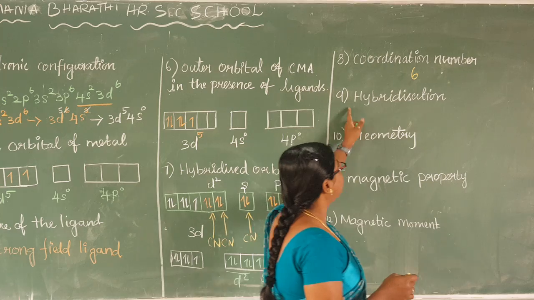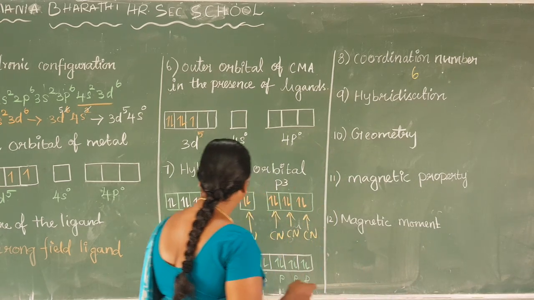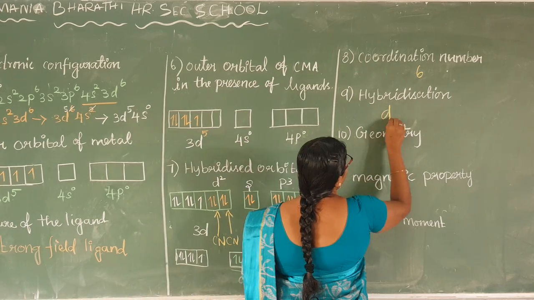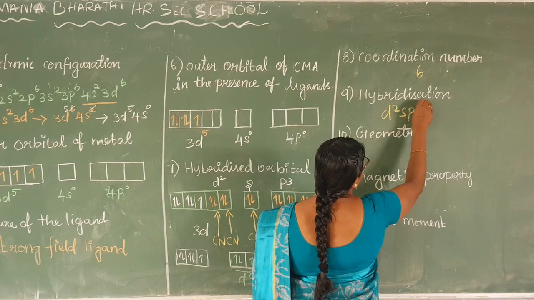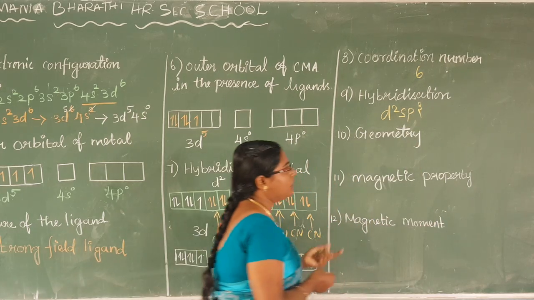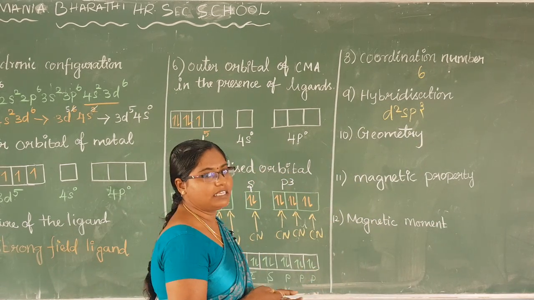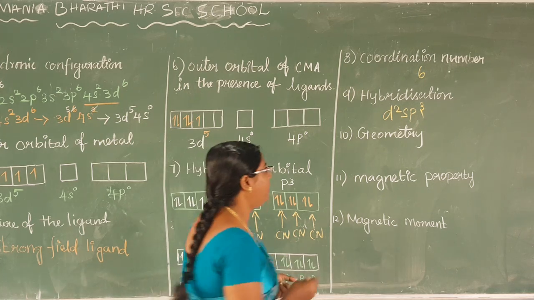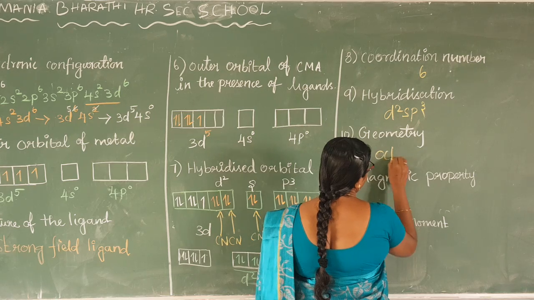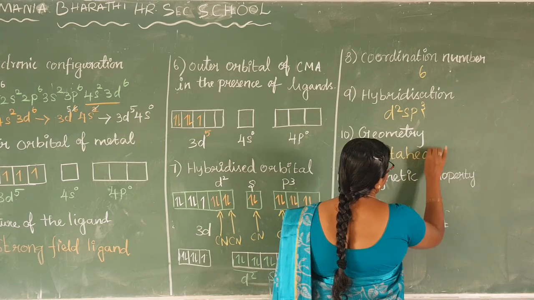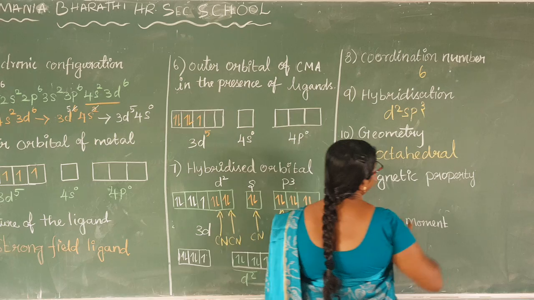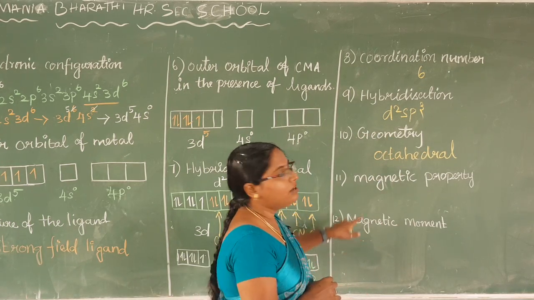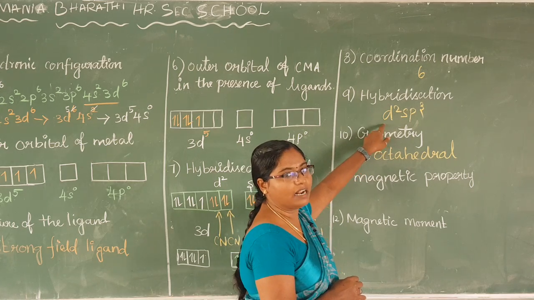Then the hybridization, which we have seen, is d2sp3. With 6 ligands, the geometry of the compound will be octahedral. This is an octahedral complex. Here inner d electrons participate, so it is called an inner d complex.